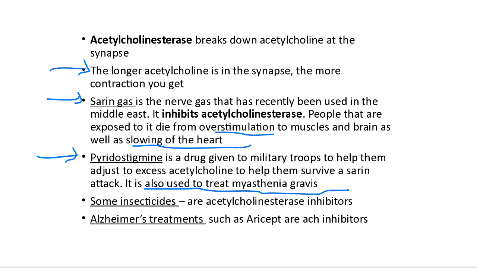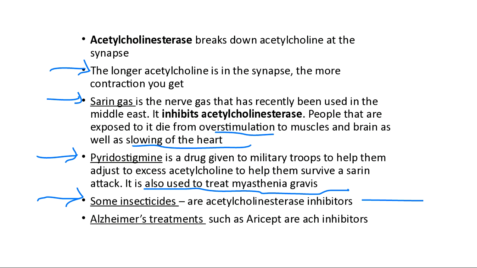Some insecticides, all the older organophosphates, were acetylcholinesterase inhibitors. Pyrethrins as well as permethrins are not acetylcholinesterase inhibitors, but some of the more modern drugs that are sprayed by the professionals are, and they can be deadly to children and pets. So you need to get them out of your house when your bug spray man comes, because they can die.